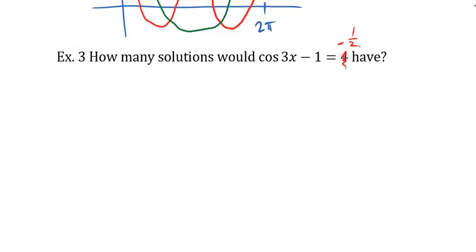So cosine of positive half, we can find that. You're going to have two solutions to that in the regular unit circle. But that's going to happen 3 times. So see what I mean? Every question is a bit different. And you're not just going to add pi to get the next ones. In fact, adding pi would make it wrong. You're going to add something else. You'll find the first two the normal way. What would you add to find the next two? There's one question I think in the practice that's like that, so I'll let you think about it.